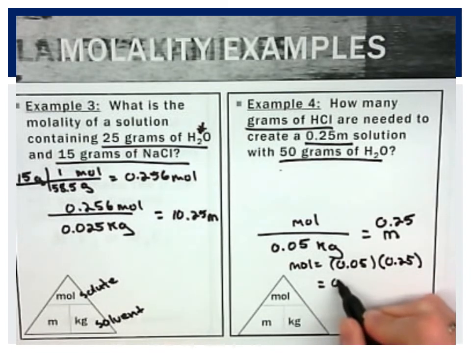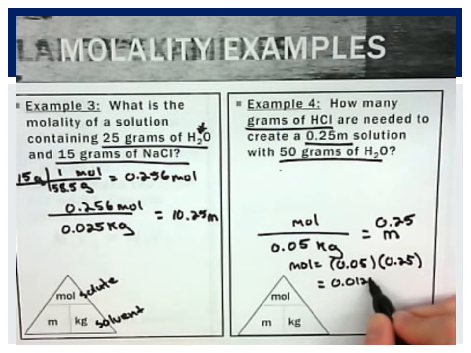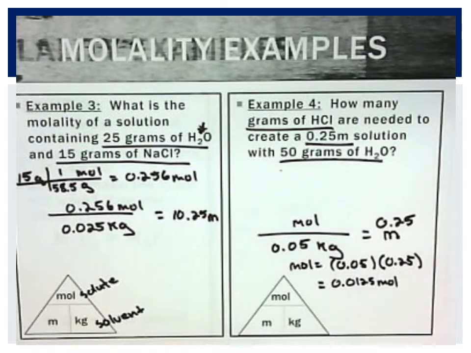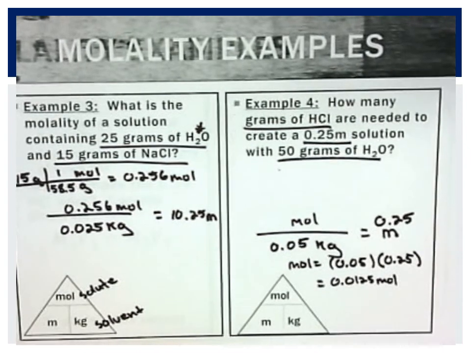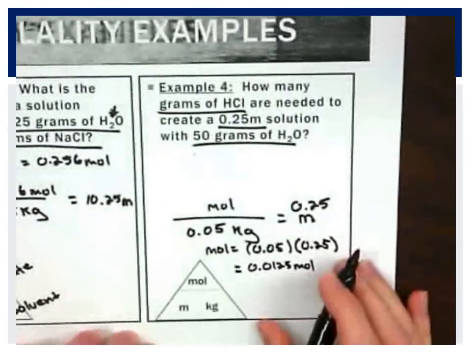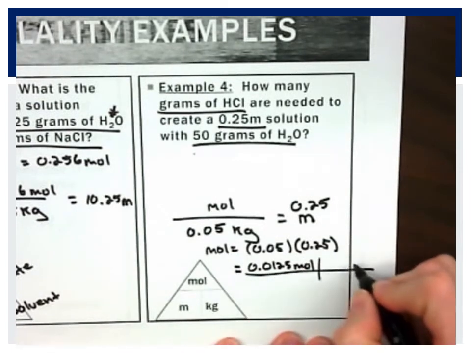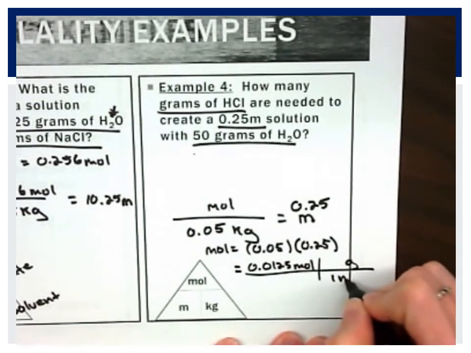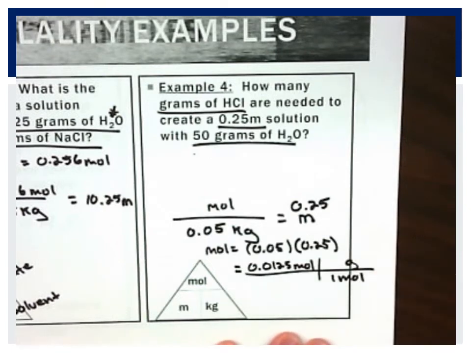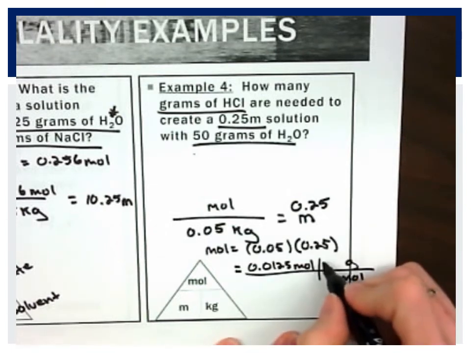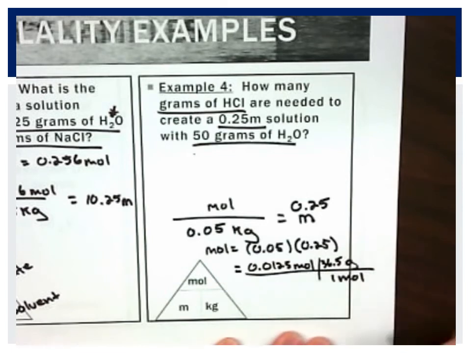I get 0.0125 moles. And in reality, what I want is grams, so I'm going to convert that using the molar mass, which we found in the other problem to be 36.5.